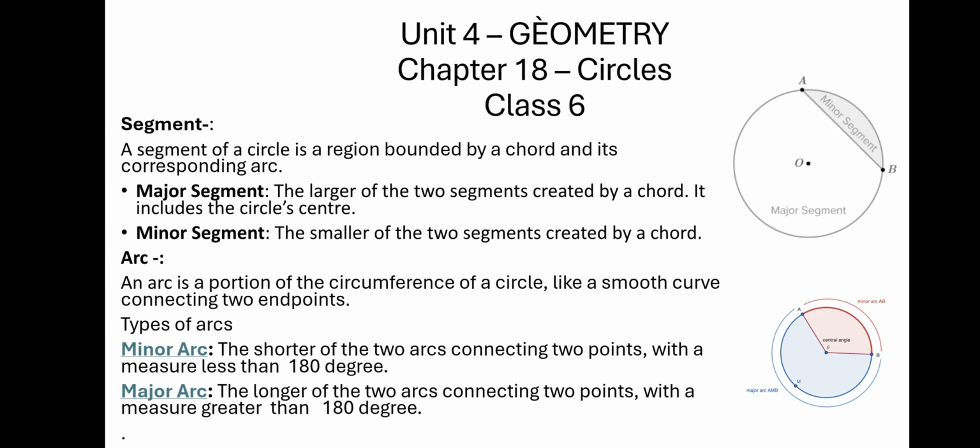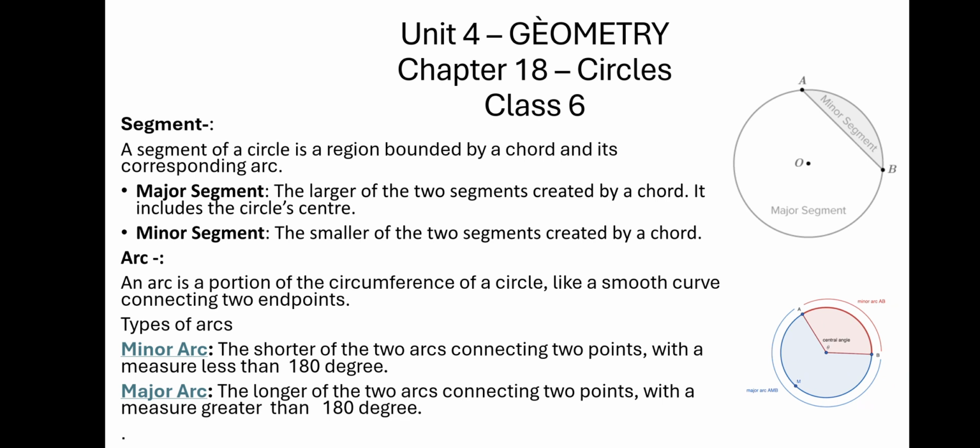Segment. A segment of a circle is a region bounded by a chord and its corresponding arc. You can see there are two segments, the minor segment and the major segment. Major segment, the larger of the two segments created by a chord, includes the circle's center.